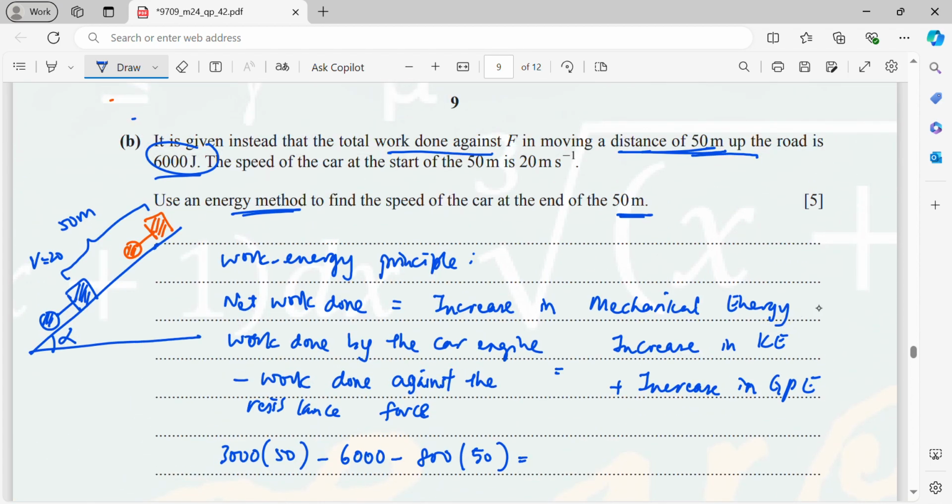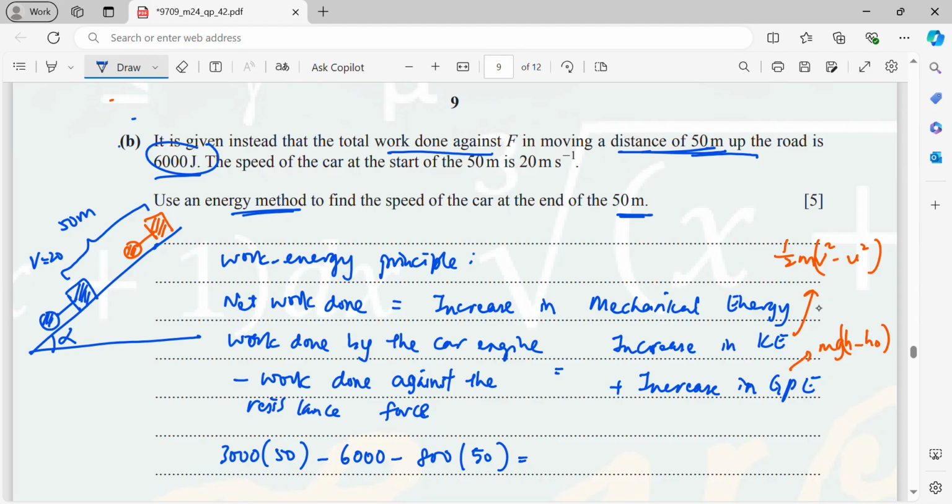That equals, now the increase in kinetic energy is basically the final KE minus the initial KE. The KE is half mv squared, so you minus the u squared. The GPE is mgh, then minus the initial GPE.